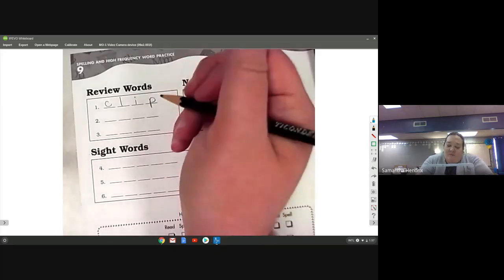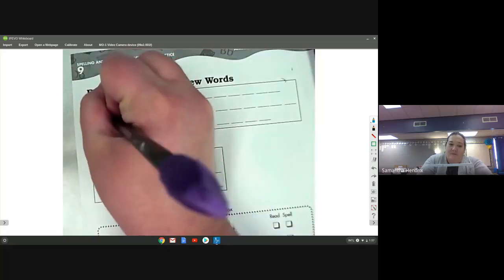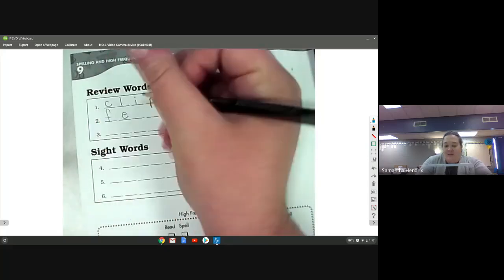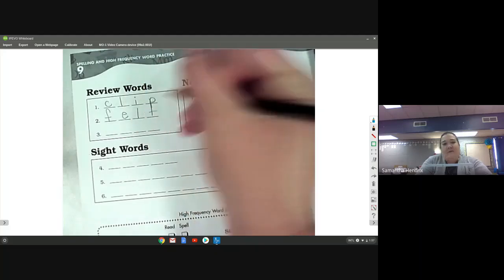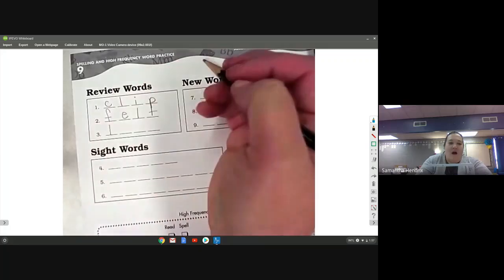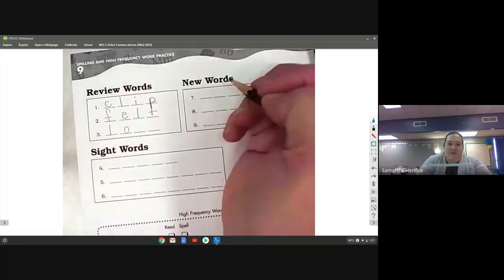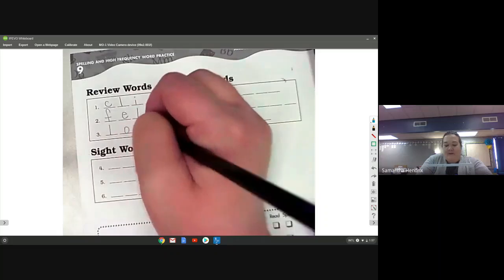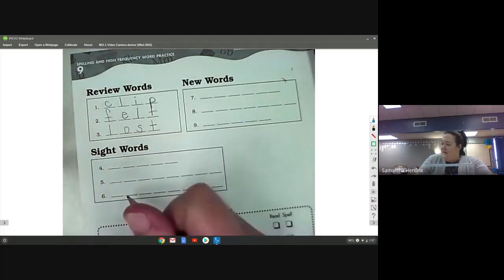Write it down. Felt. Okay, 3 is lost. That's one of our blends. What letter makes the s sound? St. Good job.